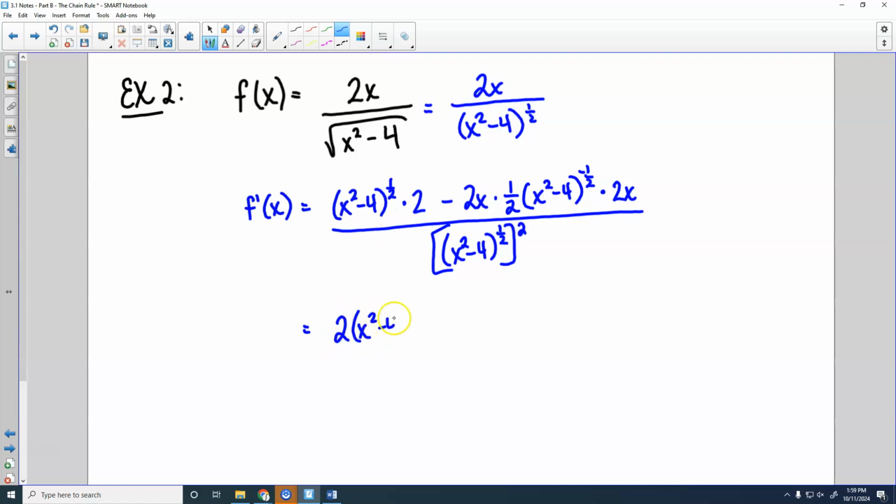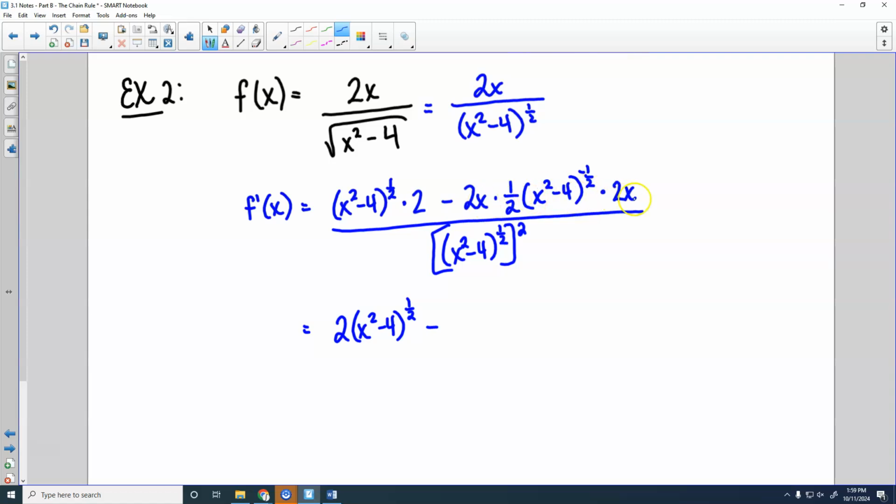X squared minus 4 to the 1/2 power minus, here we've got a 2x, a 1/2, and a 2x that all have to be multiplied together. So the 2 times 1/2 times 2, these two kind of cancel each other out. You just get 2.